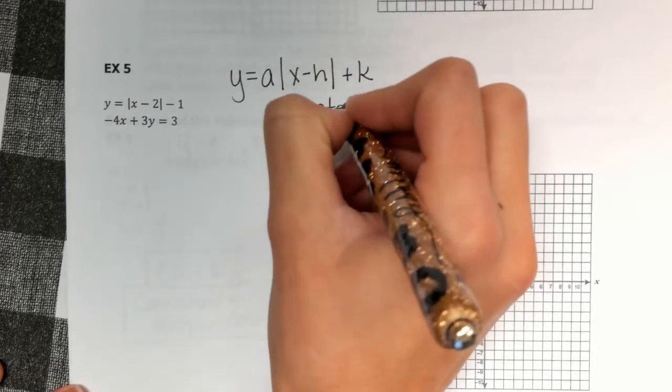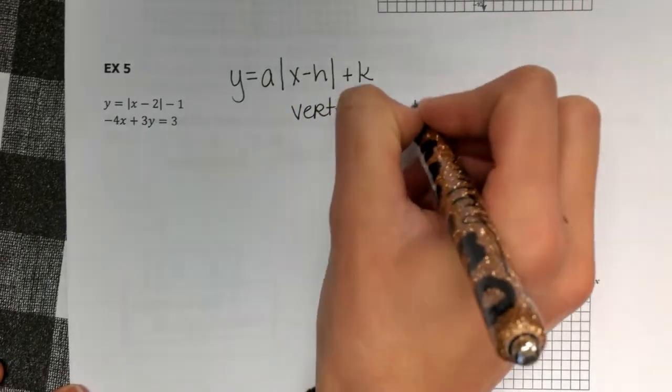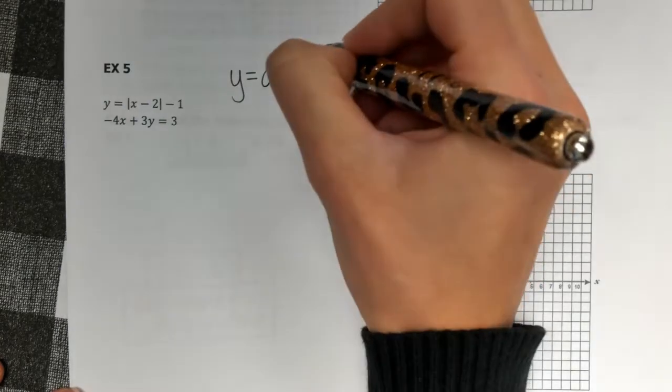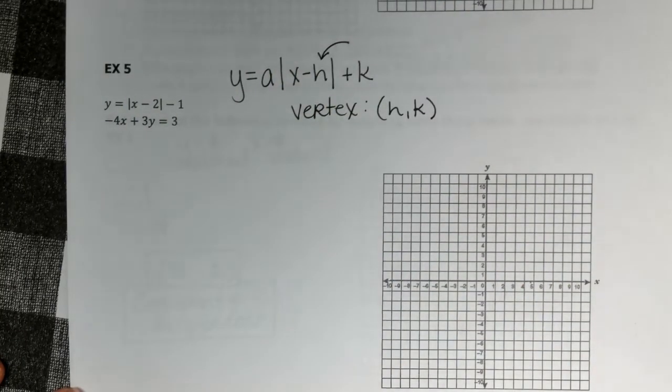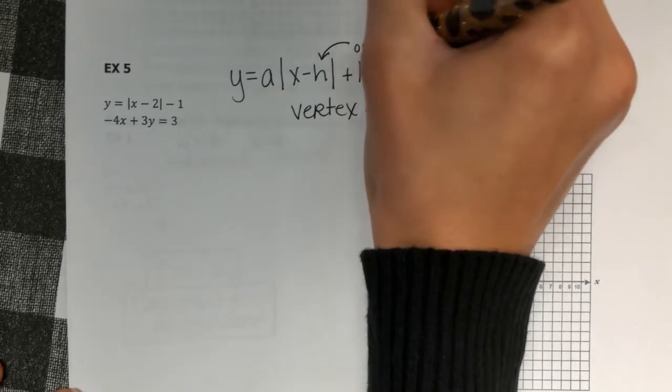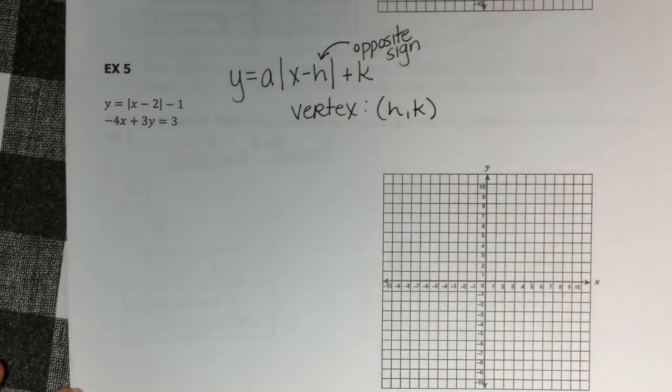And my vertex was always h, k. So that means whatever is inside those absolute value bars with your x, remember that that's the opposite sign. So you're going to need to identify your vertex first, and that's going to help you build your table.